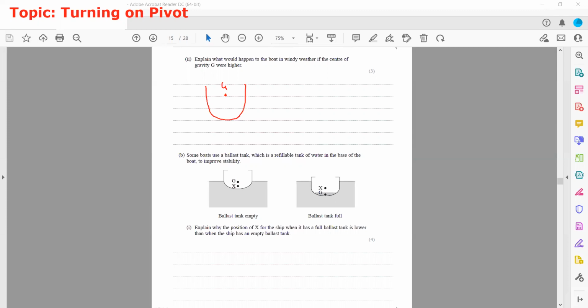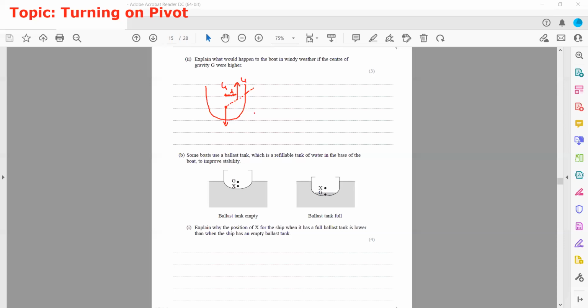So if G is higher, look, this was D and the upthrust U was acting, the weight is acting down. But as G is higher, the distance D is decreased. So D is reduced. U is the upthrust, D is reduced.